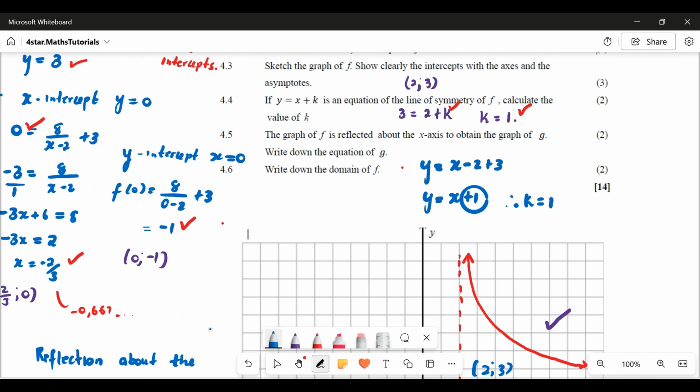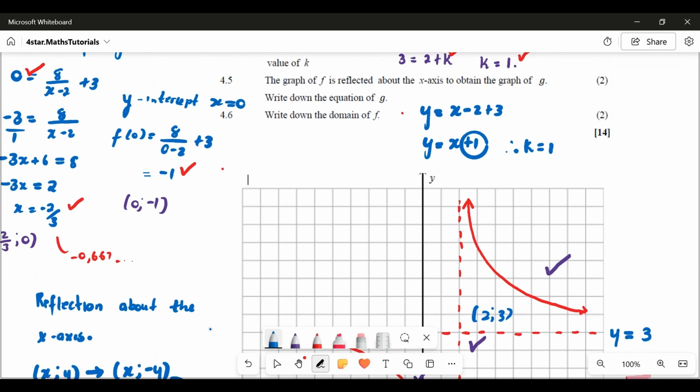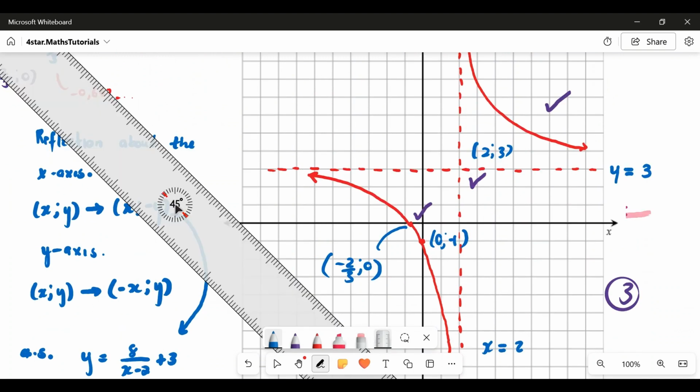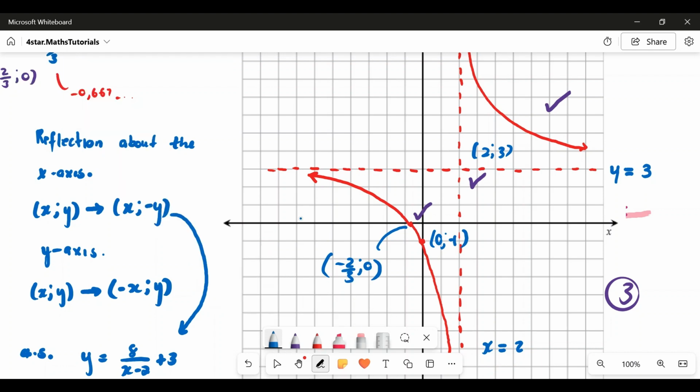Write down the domain of f. Remember, when we are talking about domain, we are referring to the values of x where the function is defined. If you check this function, moving from the left to the right, looking at the values of x, this function is defined from negative infinity to positive infinity. The only place where this function is not defined is when x is equals to 2.